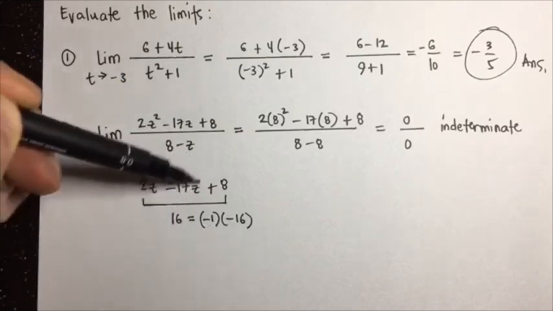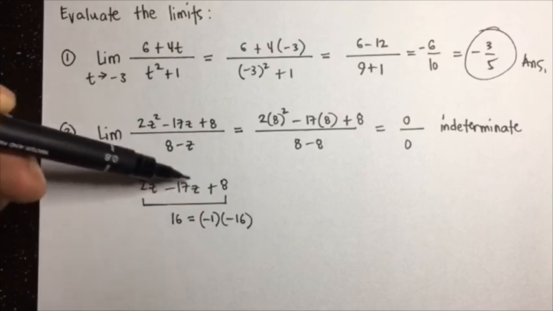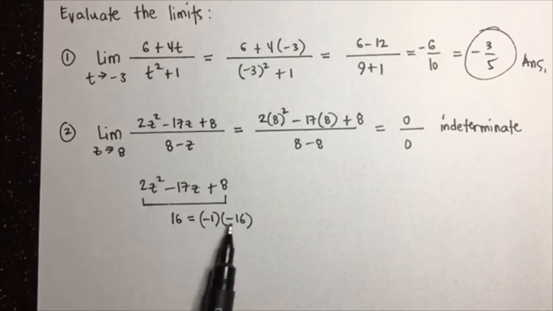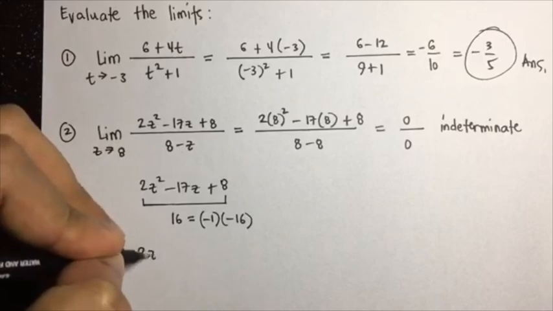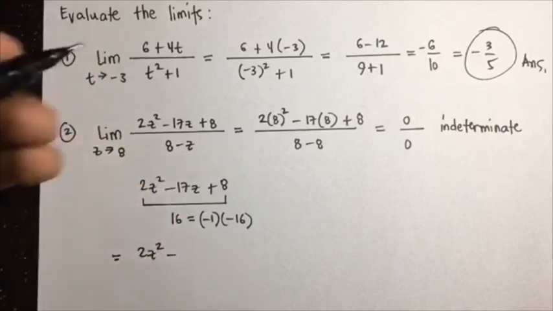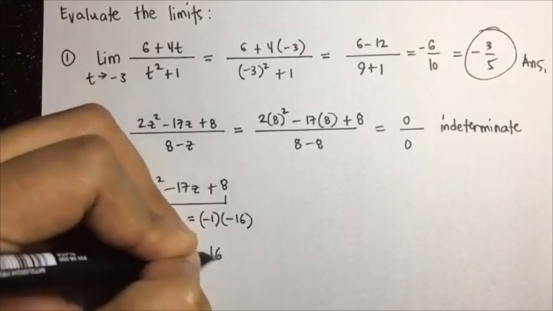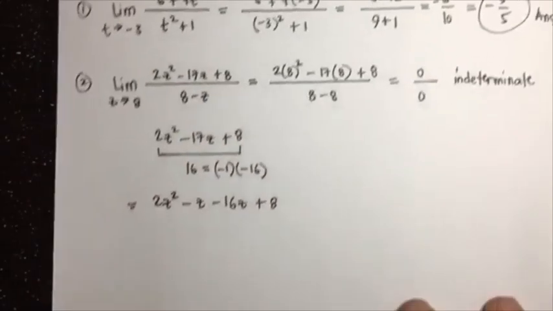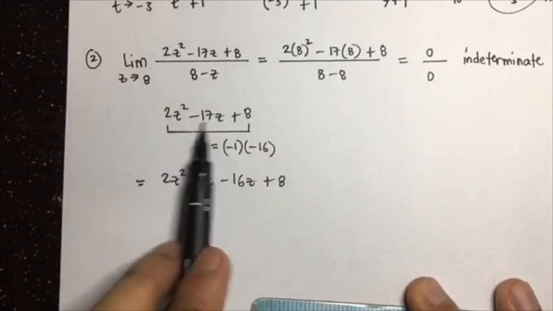Therefore, we break down the middle term with coefficients of negative 1 and negative 16. So we will have 2z squared minus z minus 16z plus 8. If we add these, it will return to the original expression.